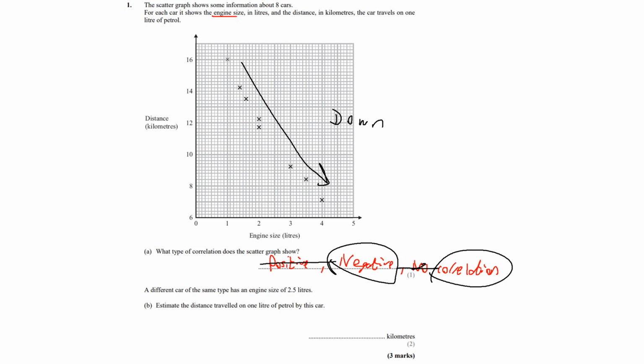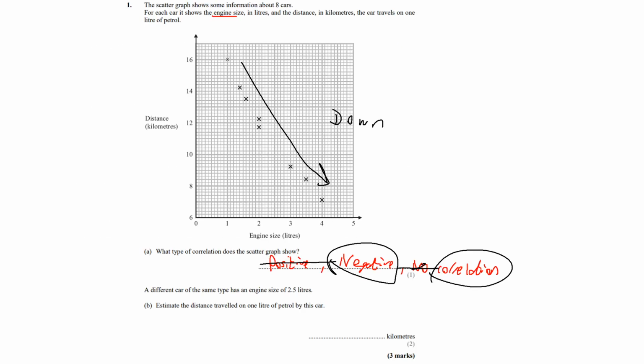What we're going to do is draw a line of best fit. I'm going to do this in purple, right? Whereby we have an equal number of dots each side. Sorry, that was a mouthful. There has to be an equal number on each side.